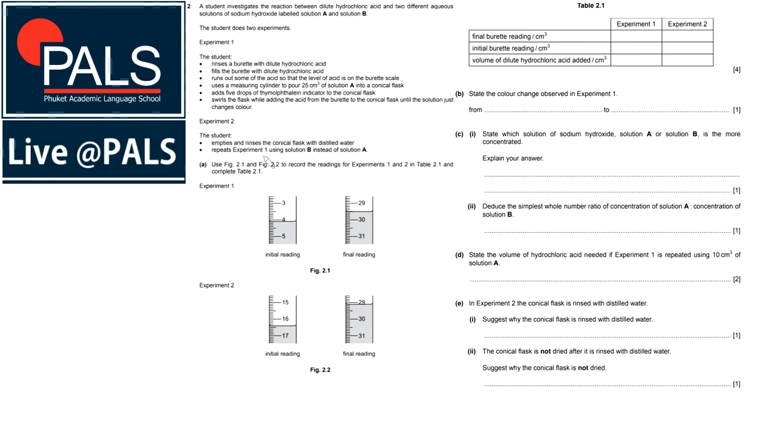So this is a titration experiment, and here we have the volumes of the initial reading. Experiment 1, initial reading 4.1, final reading 29.5.